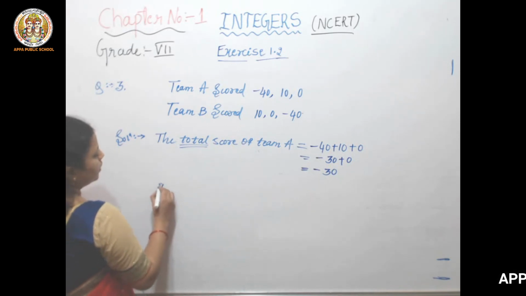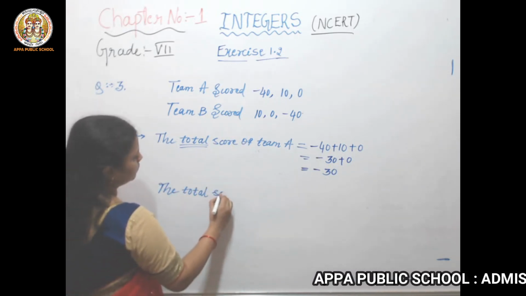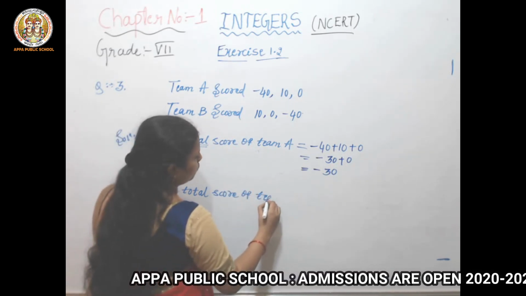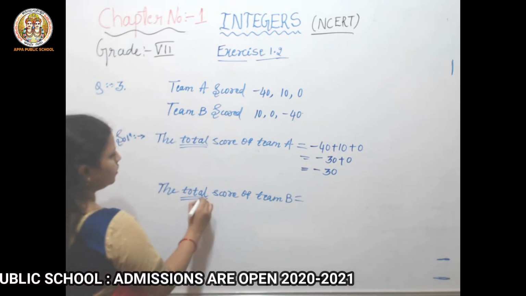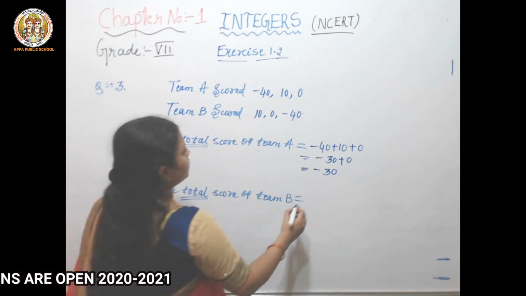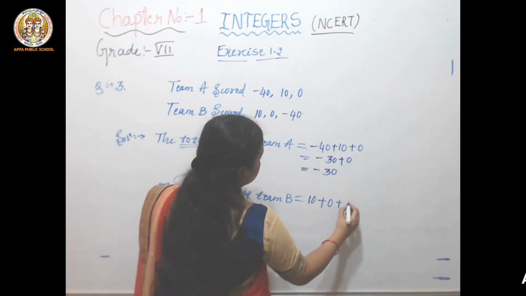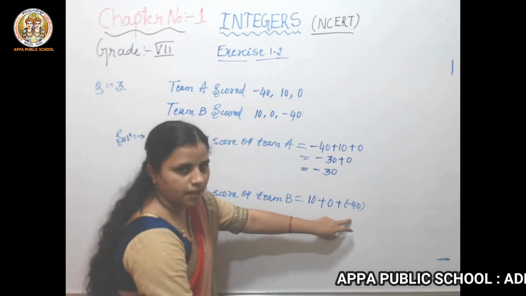Next we calculate the total score of Team B. Again here also the word total, so you have to add these integers. What are those? 10 plus 0 plus minus 40. Don't write the two signs at a time.